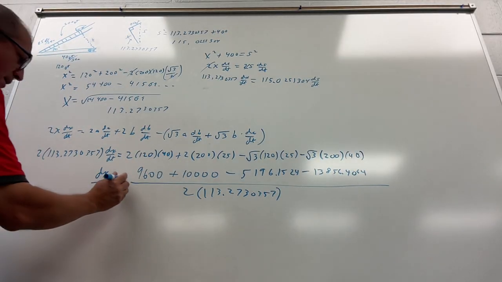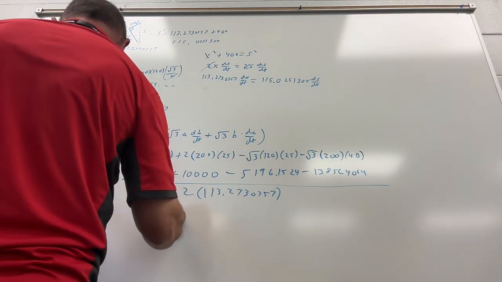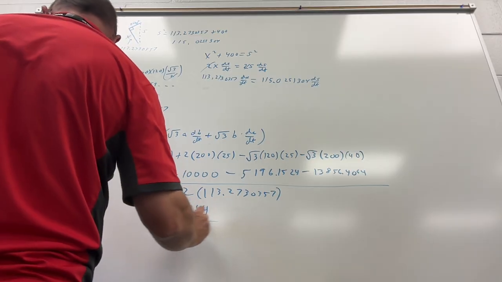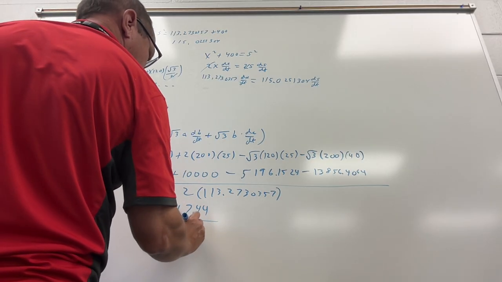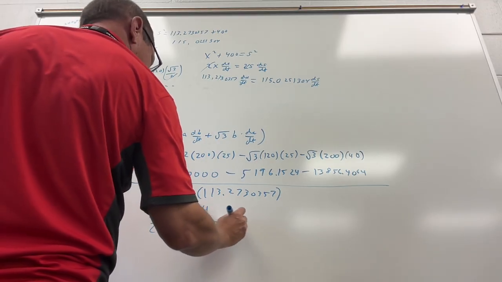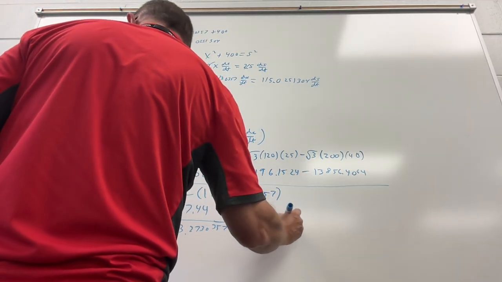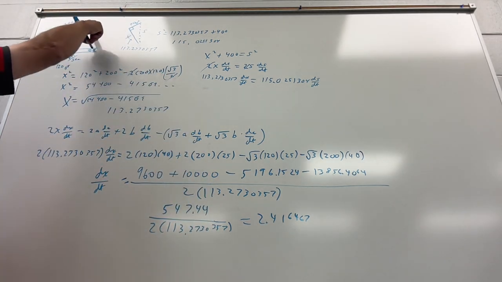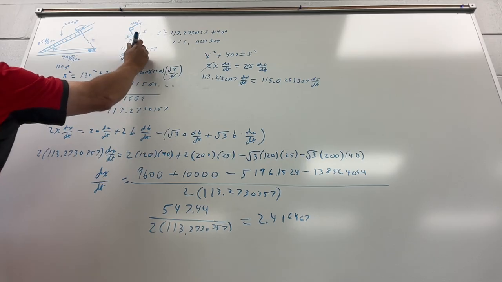If we do that quickly, we get 547.44 over this product, which gives us 2.416467. So that's the rate this side is changing: dx/dt is 2.416467.